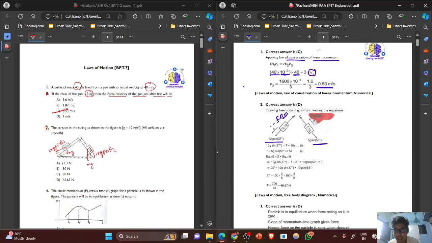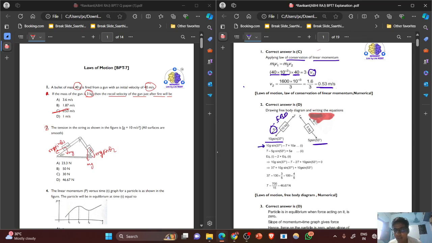Now writing the equation, let's suppose the 10 kg block has the higher mass, so the net pull and net acceleration will be towards the 10 kg block, in this direction. That means 10g sin 37 minus T equals ma. This is our first equation.